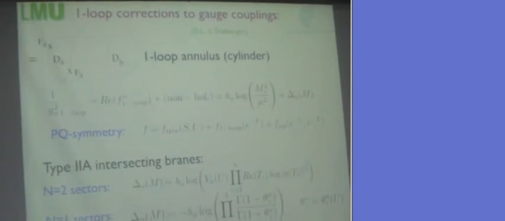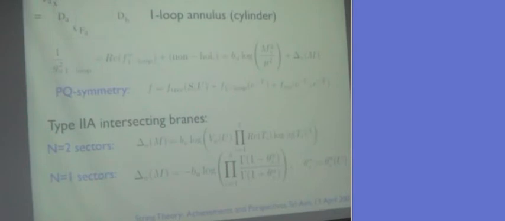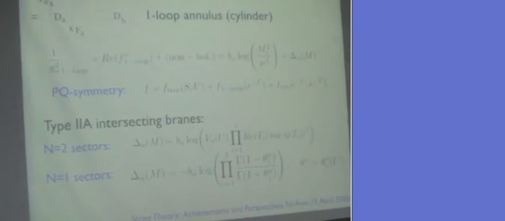So again, let's do now this computation for the intersecting branes. You get for the so-called N=2 sectors this kind of expression, but let me maybe focus on the genuine N=1 sectors. And here you will see that the gauge threshold corrections are again given by an expression which we have encountered already before, a very similar expression, namely this ratio of gamma functions.